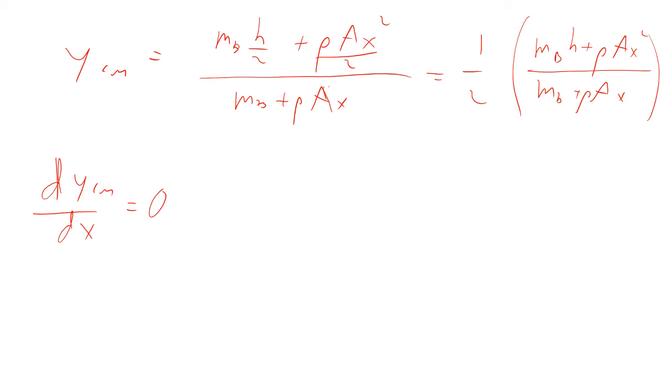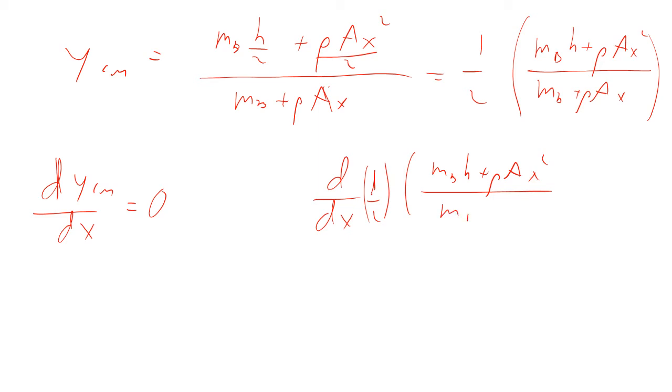So that means you have to take the derivative of 1/2 (m_b h plus rho a x squared) divided by (m_b plus rho a x) and set that equal to 0. Now, I can divide out the 1/2.